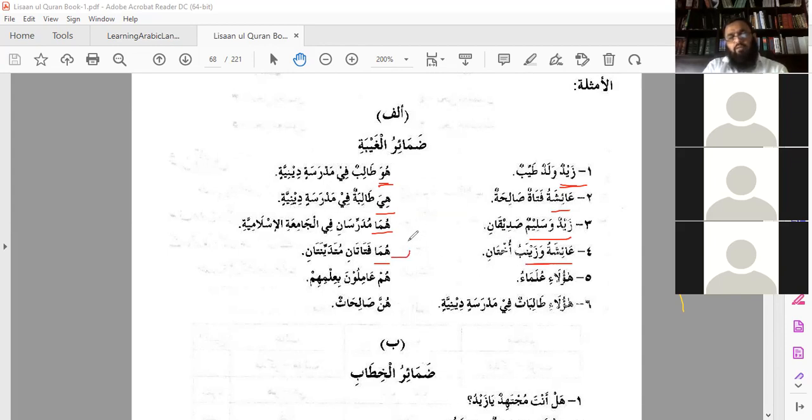So huma is common, but for plural, like haula'i ulama, those are scholars, we use hum: hum amiluna bi ilmihim. They are also practicing whatever they know. And haula'i talibatun fi madrasatin diniyatin. Haula'i is plural. Now hunna salihatun. They are also virtuous; they do good deeds.